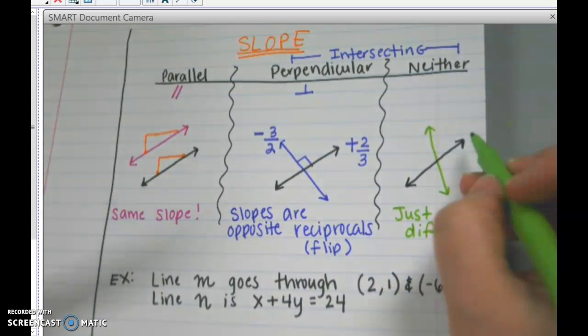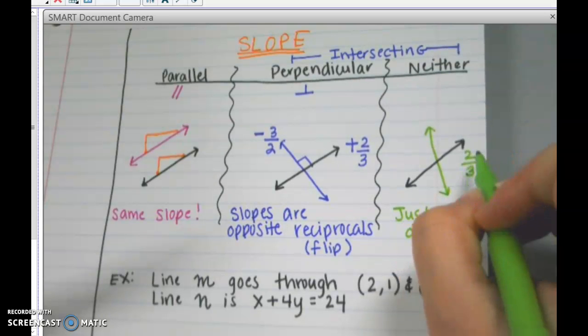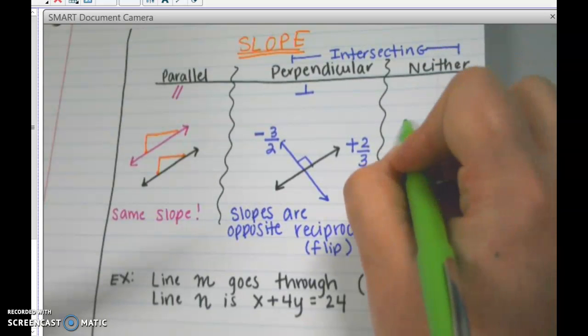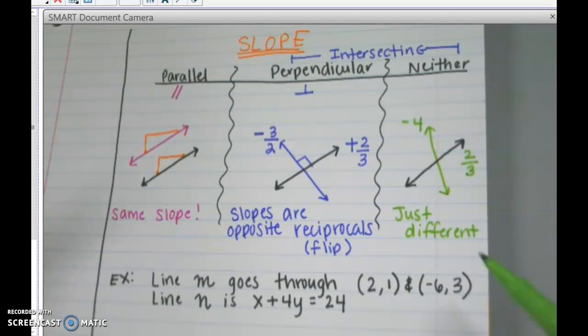Maybe this one was positive 2/3 as a slope, and maybe this one was just like -4. Those are just different answers. They're not reciprocals. Even though one is positive and one is negative, the slope is not making it perpendicular because that is not the reciprocal of that. So neither is if you just get a different answer.